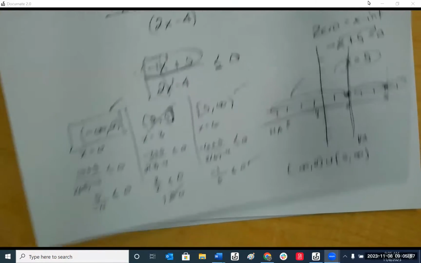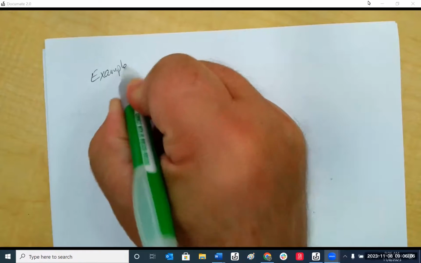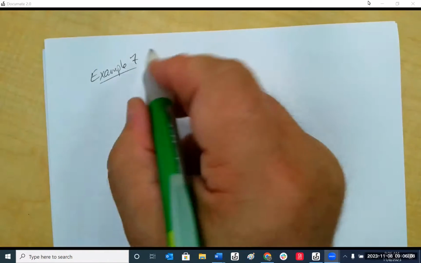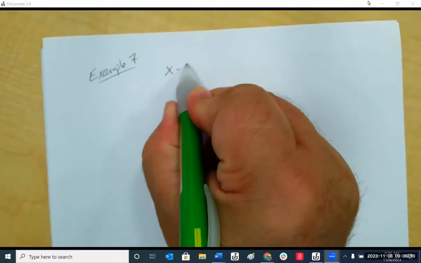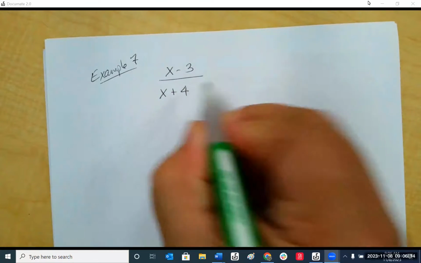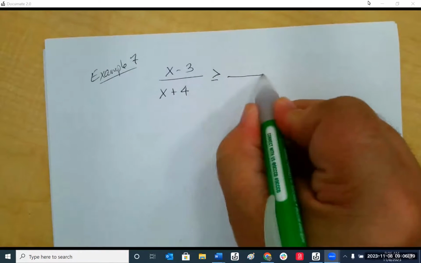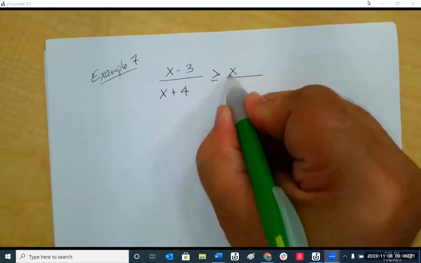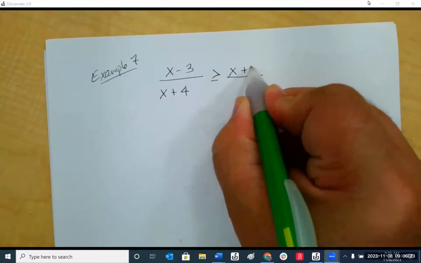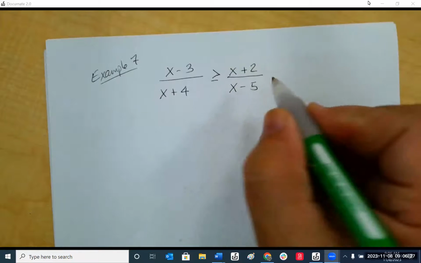And the last one, number 7. (x minus 3)(x plus 4) is greater than or equal to (x plus 2)(x minus 5).